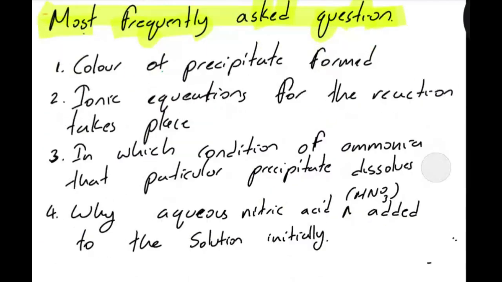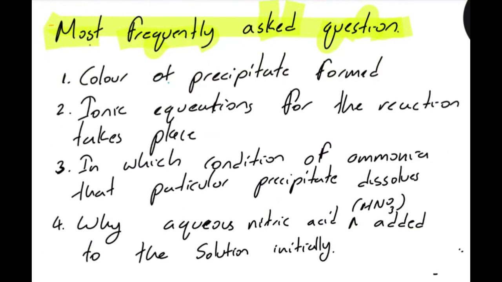Okay. So at the end, I've listed some of the most frequently asked questions from past papers. Most questions asked from this part are from Unit 3 papers and some in Unit 2 as well. So the first question: color of the precipitate formed.